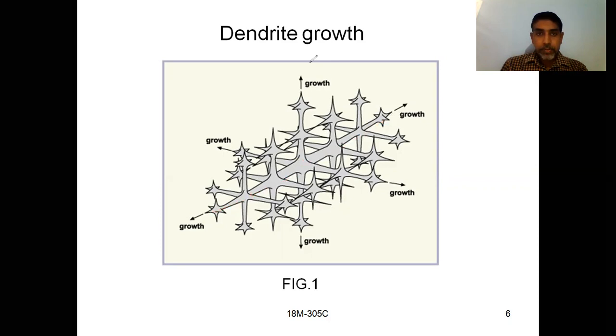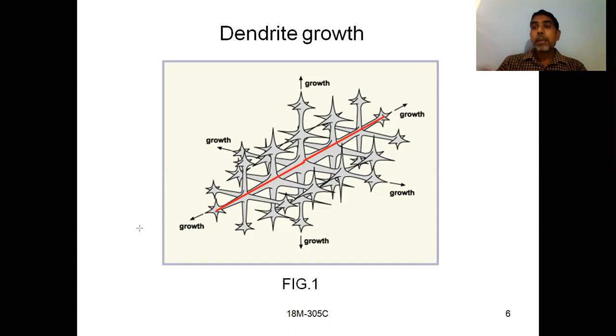If you see here, initially it started here. That is, the formation of the nucleus will start here, and later what will happen? The grain will grow from here to here, and from here to here. That means in one direction. This is one line in this direction.